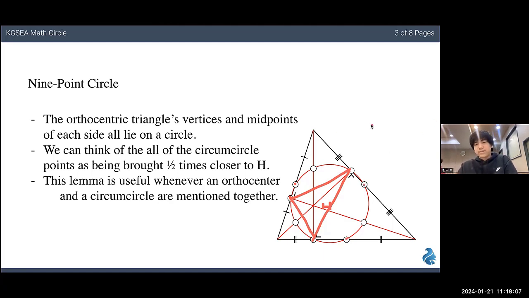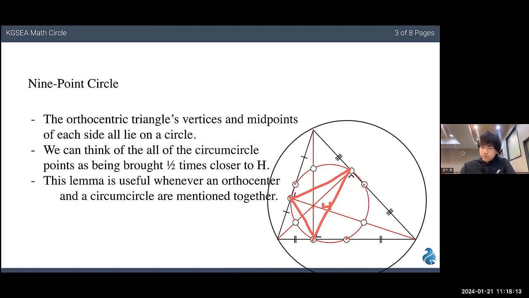And what is the proof for this? To do that, we need a circumcircle. And also, we need to prove that when H is reflected about BC, it is exactly on the circumcircle.